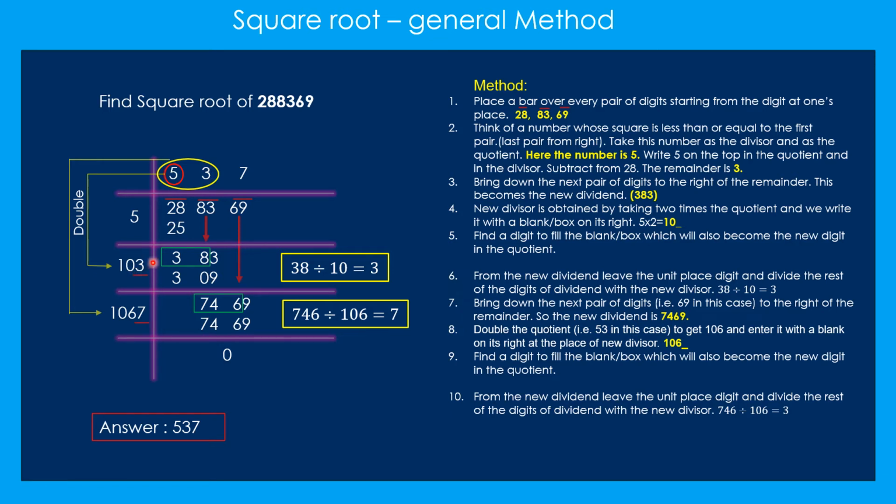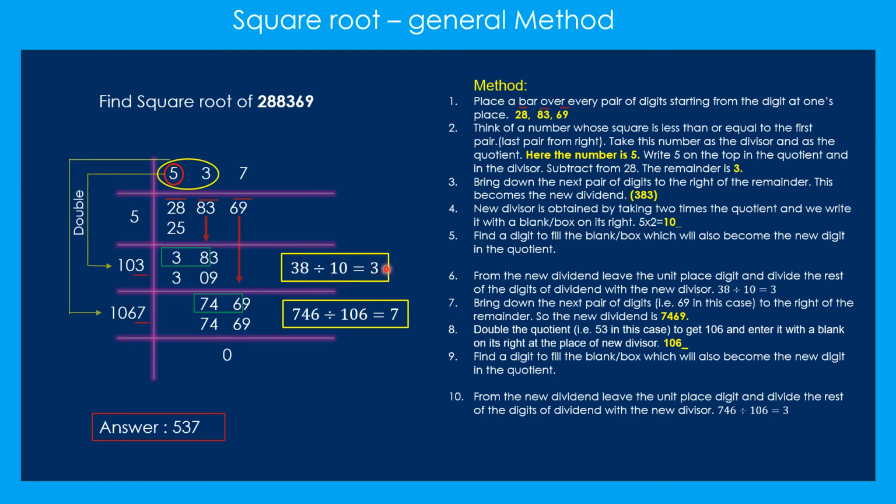So in order to find the number for the blank space, you see the dividend here is 383. So you leave the unit digit 3 and 38 is left. This 38 is divided by the new divisor, that is 10. So when you divide 38 by 10, you get the quotient 3.